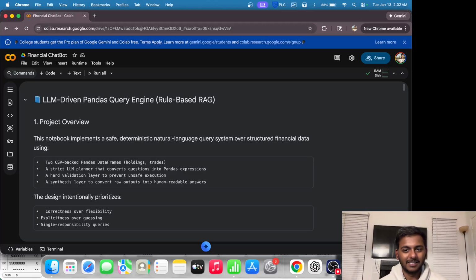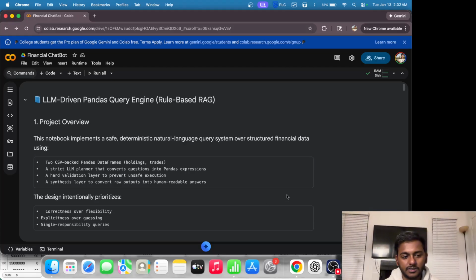So I'll start with the problem statement. The problem statement was I had two CSV files, which were holdings and trades. The task was to create a personalized track based LLM chatbot for the business, which can answer any question from those CSV files.